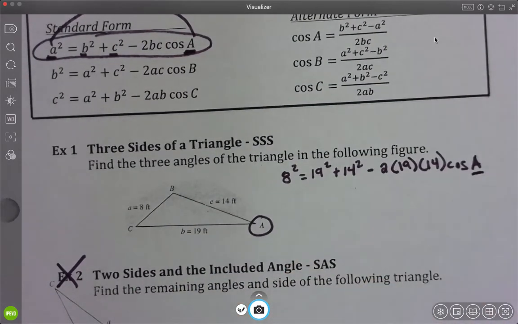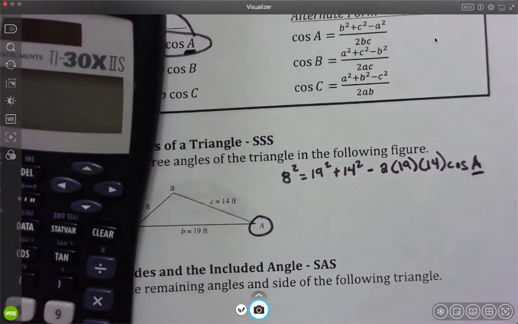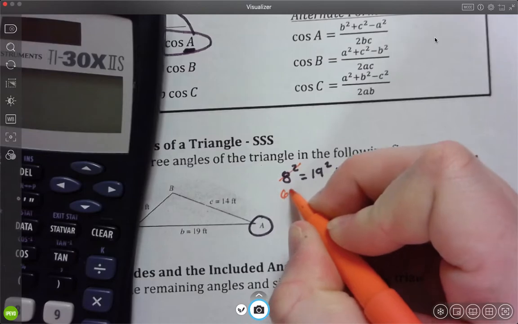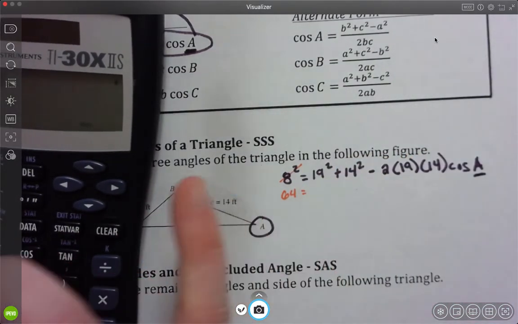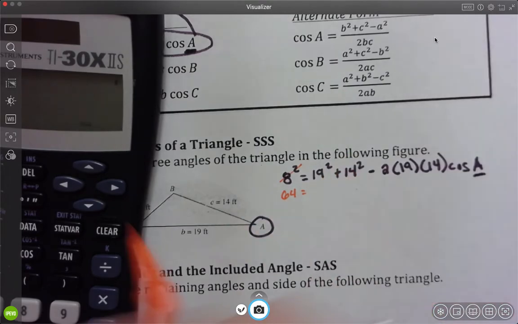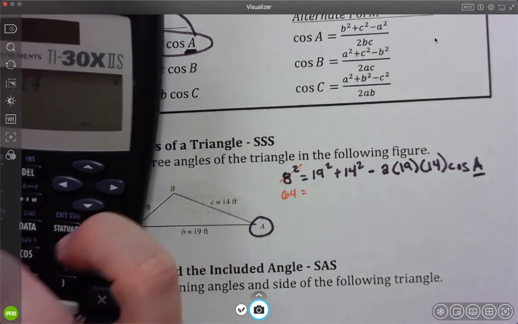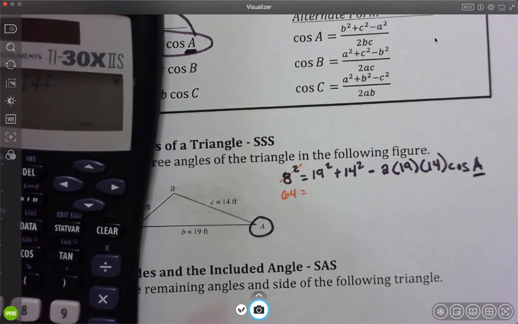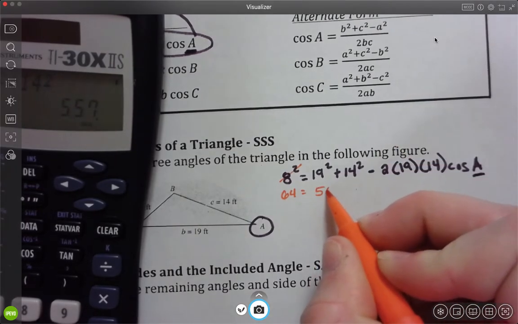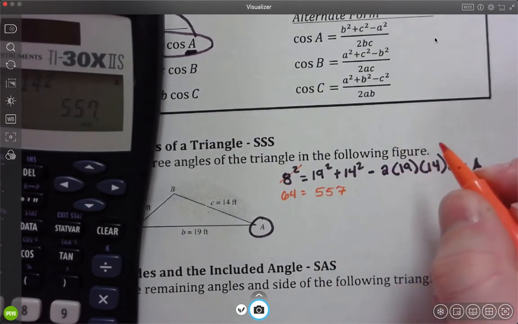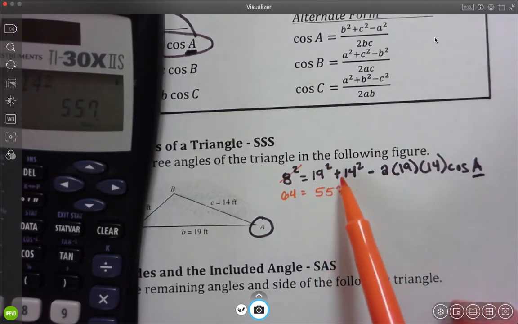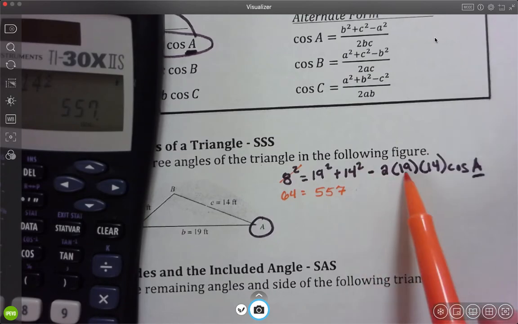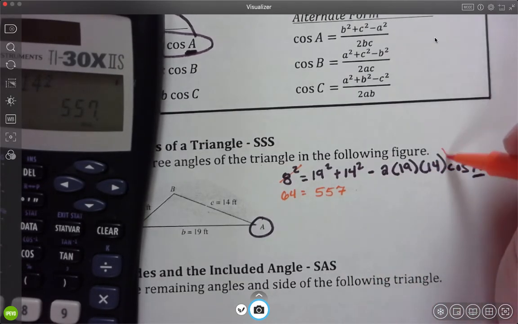So I'm going to simplify as much as I can. I know that 8 squared is 64. 19 squared, I don't know, so I'm going to put 19 squared and 14 squared together. So 19 squared plus 14 squared is going to give me 557. Now the mistake that I see people make all the time is they want to do 19 squared plus 14 squared minus 2 times 19 times 14 and figure out this whole chunk in one shot.